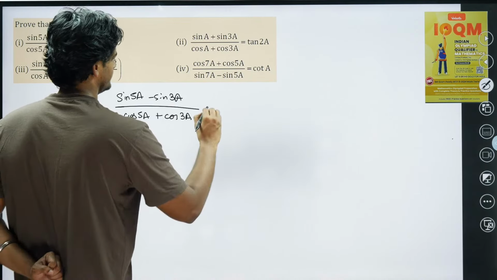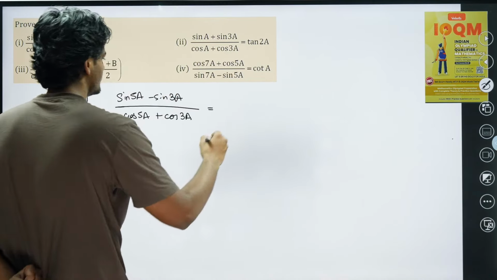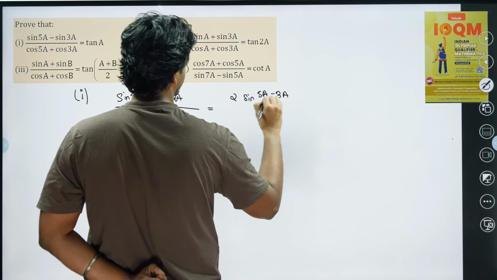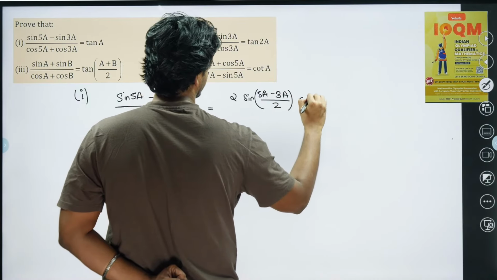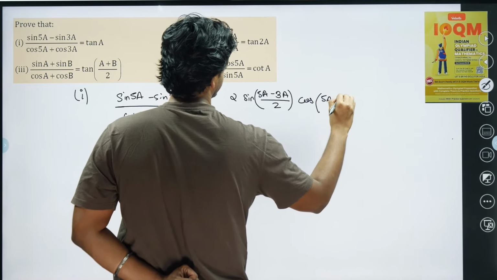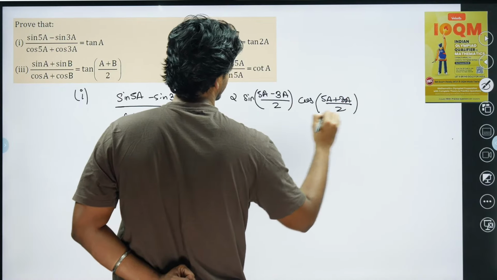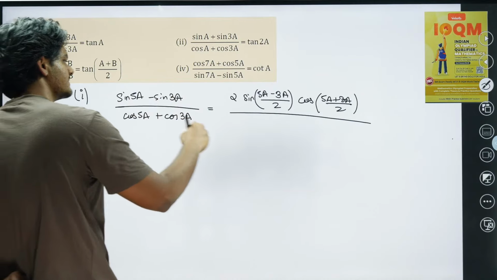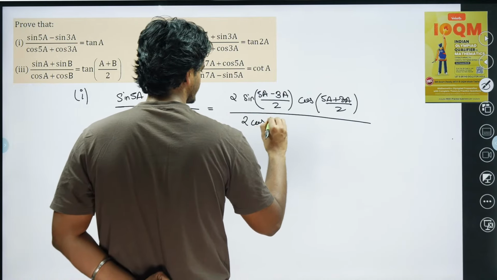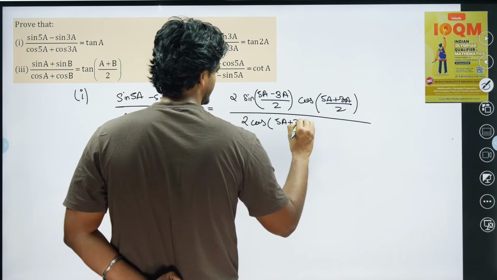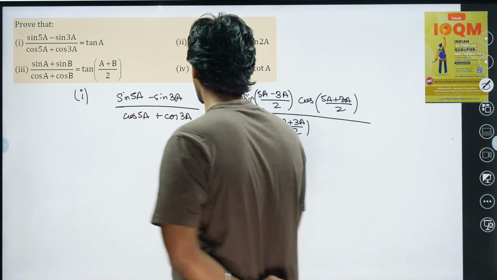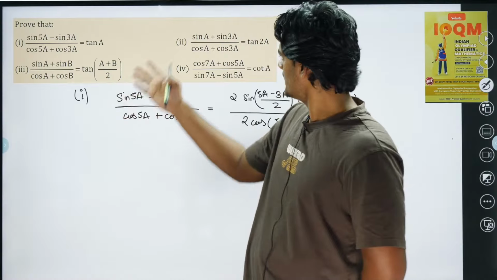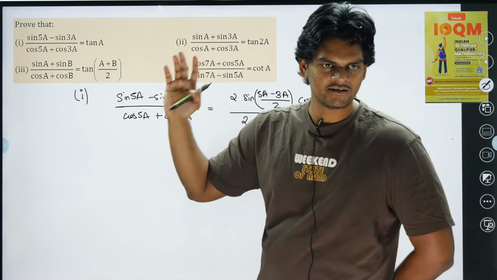The numerator will be 2 sine of (5a minus 3a) by 2 times cos of (5a plus 3a) by 2, divided by the denominator, which will be 2 cos of (5a plus 3a) by 2 times cos of (5a minus 3a) by 2, since we are adding. I hope you have figured out how to do this; the first question is direct.